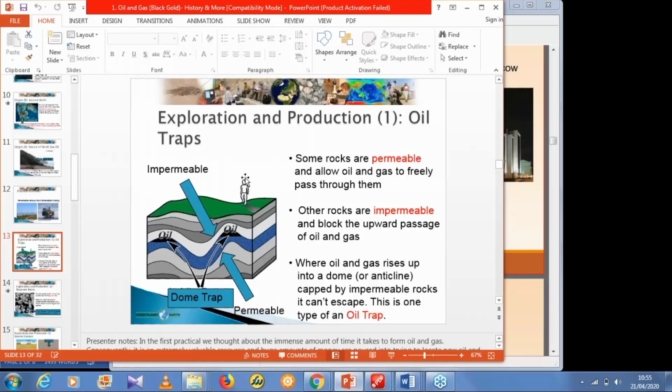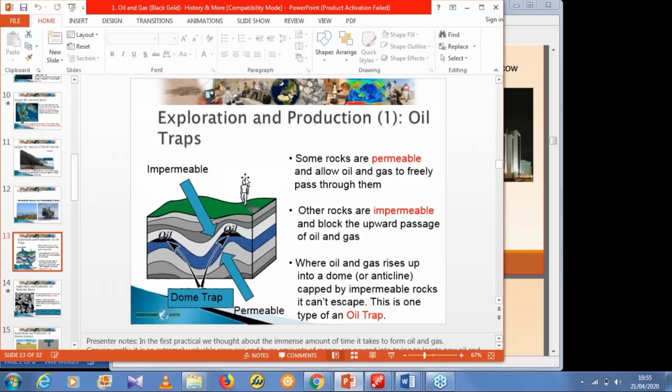The impermeable rocks are the ones that will block the upward flow of the passage of the oil and gas that I explained earlier. So we have two types of rock basically, permeable rock and impermeable rock.